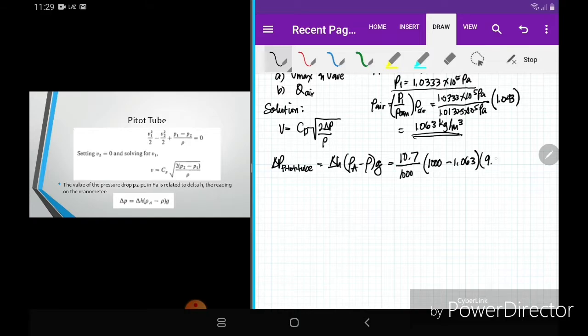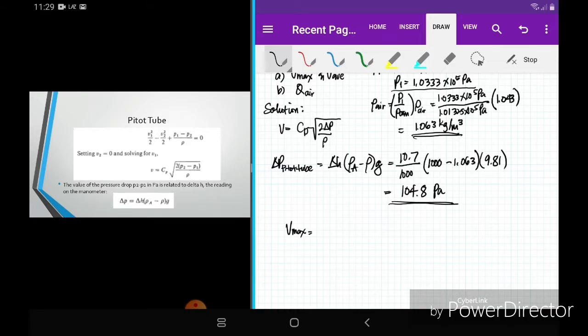Multiply this with 9.81 meters per second squared. The answer is then equivalent to 104.8 Pascal. So this is your delta P for the pitot tube already. Now, for us to be able to calculate the maximum velocity then, using the formula C sub P, square root of 2 times delta P all over density.